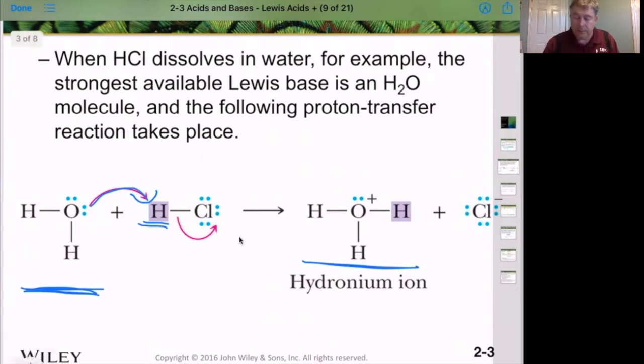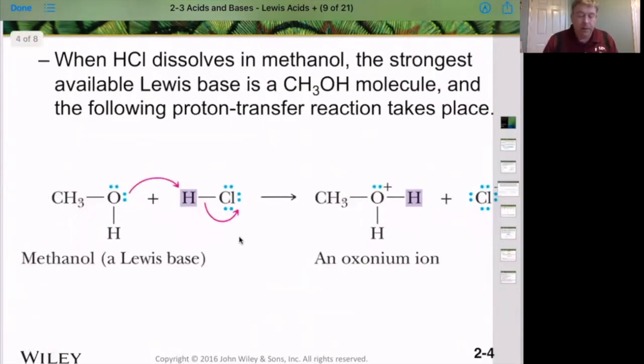Let's look at that in a different way, moving away from water and from Arrhenius to more of a Bronsted-Lowry kind of base. We have a proton that can still be transferred, but instead of using water, we're going to use methanol. Methanol has a lone pair that it can donate to form a new covalent bond, and we still have hydrogen as our Lewis acid, the electron pair acceptor.